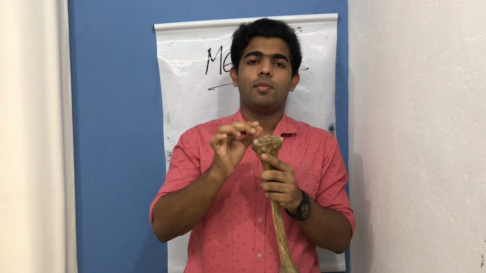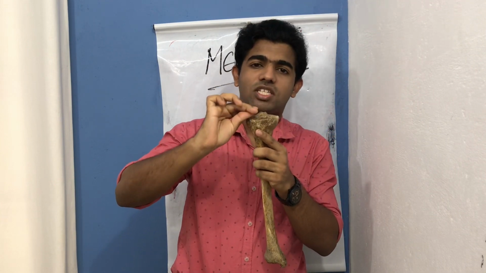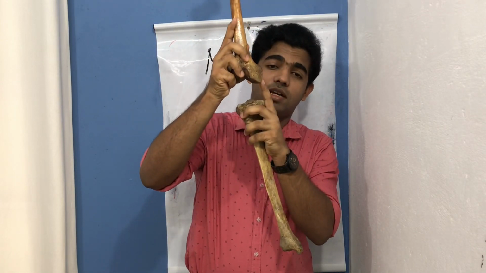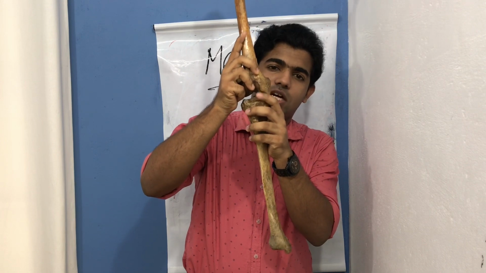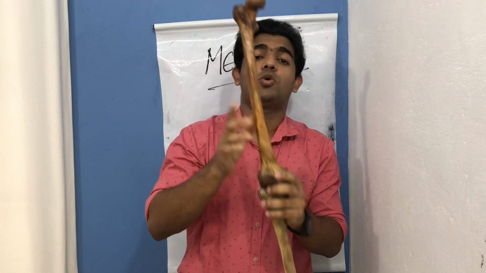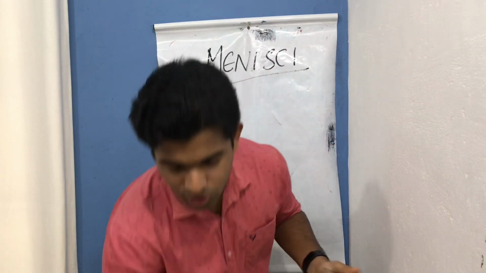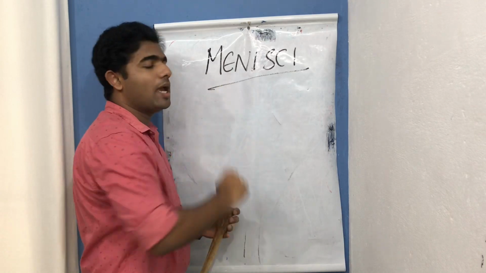Now the body has come up with a mechanism, providing a specialized structure in between the lower end of the femur and the upper end of the tibia, which acts like a cushion and enhances the stability of the joint. These structures are known as the menisci.